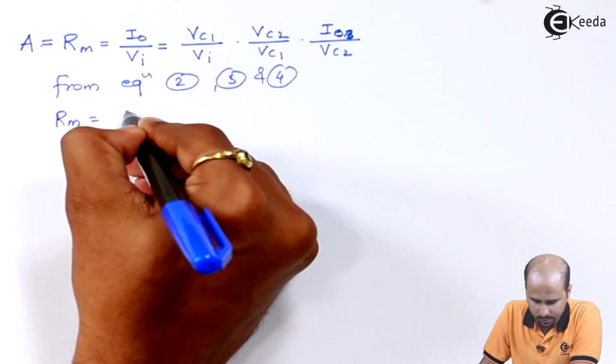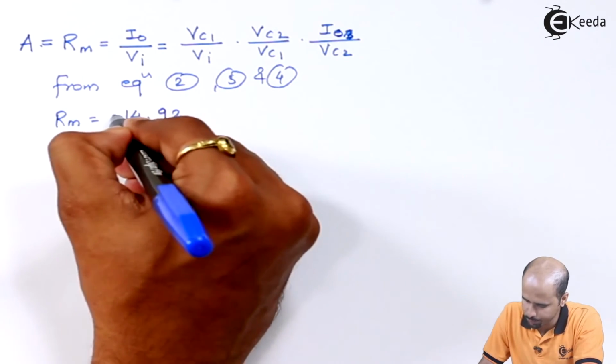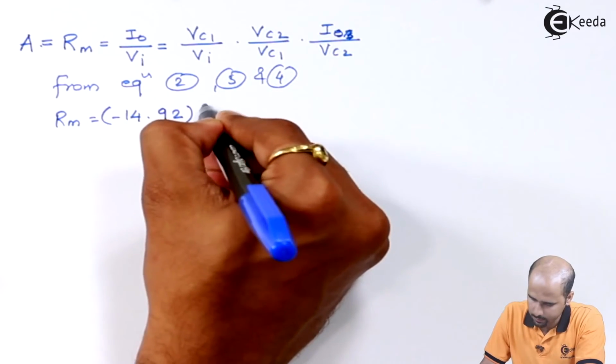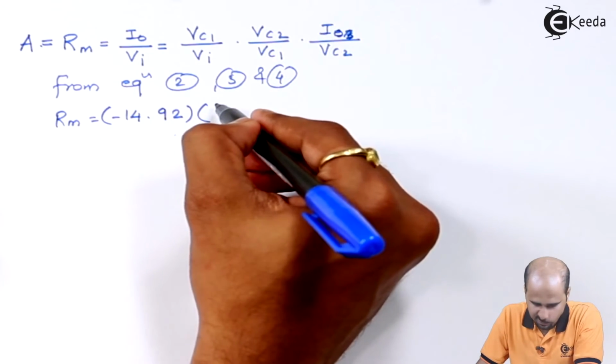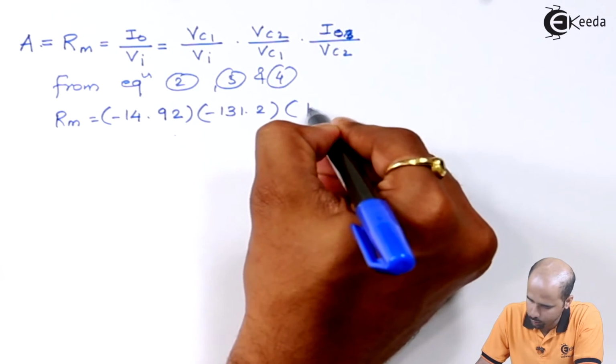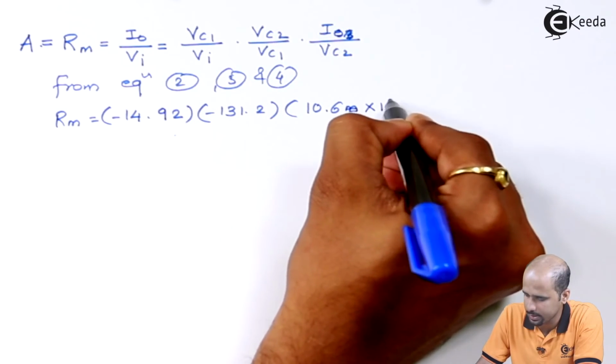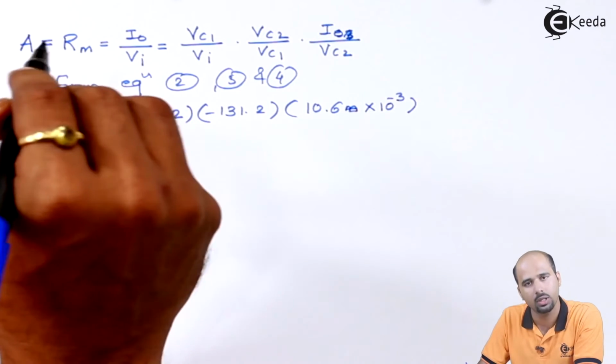The first value that we have got is 14.92, the second value we have got, and the third value is 10.6 milli, which I can treat as 10 to the power minus 3, right?